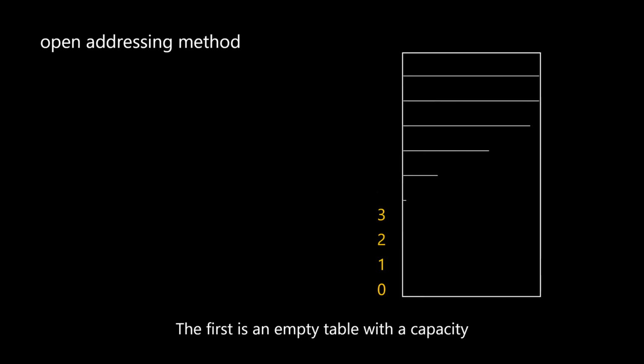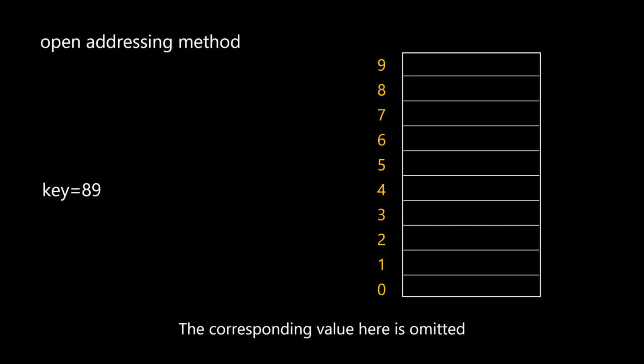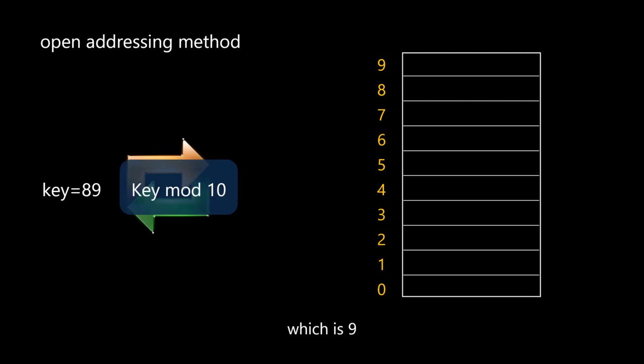Next, we introduce the open addressing method. The first is an empty table with a capacity of 10. Now there is a keyword 89 that needs to be inserted. The corresponding value here is omitted. After the hash function, here taking the remainder of 10, which is 9, find the position and insert it.